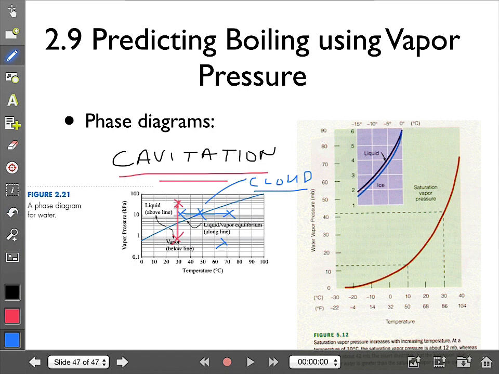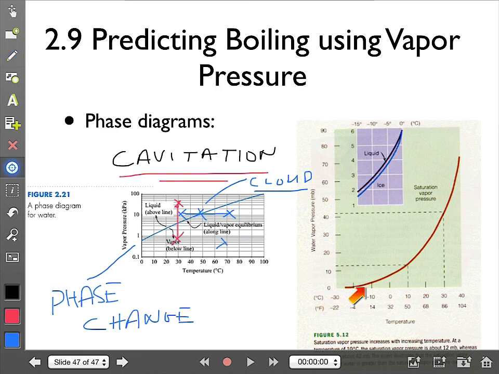Basically this blue line right here is the line of phase change. When you're above the line, you're liquid, and when you're below the line, you're a vapor. And I put another graph here from a meteorology textbook, which shows it better.